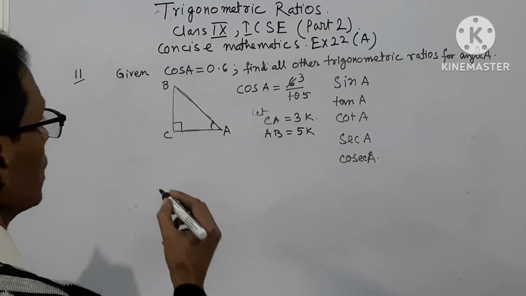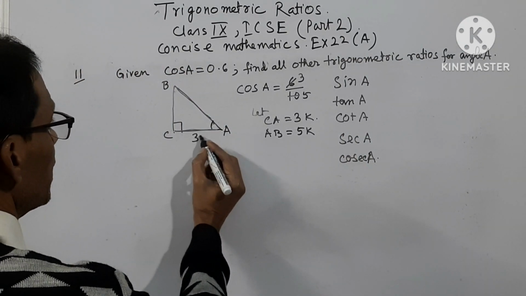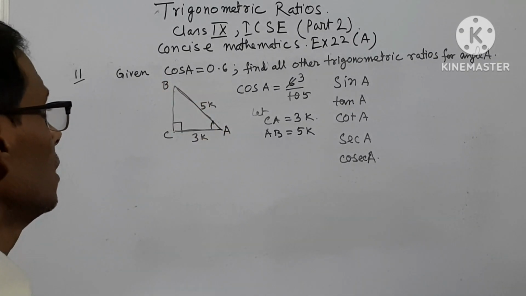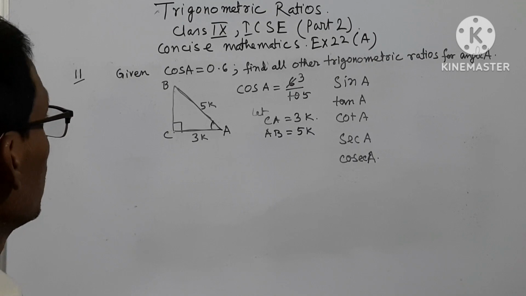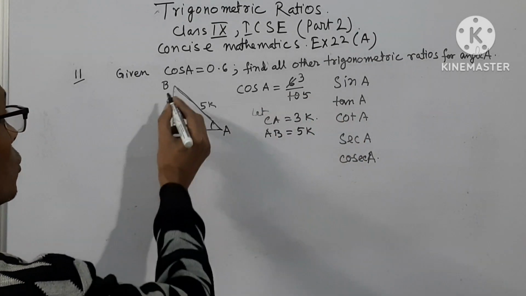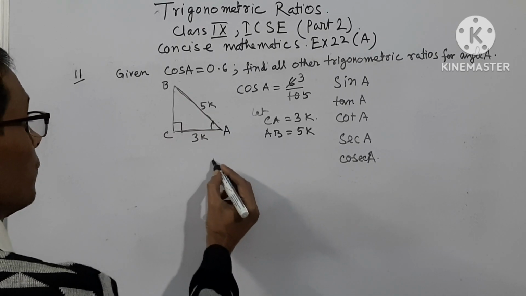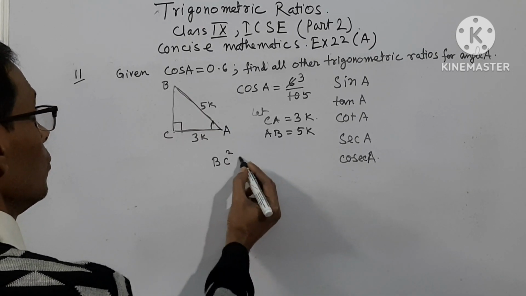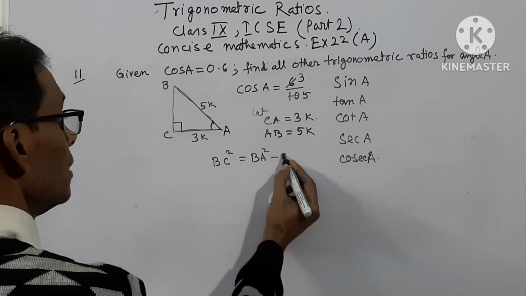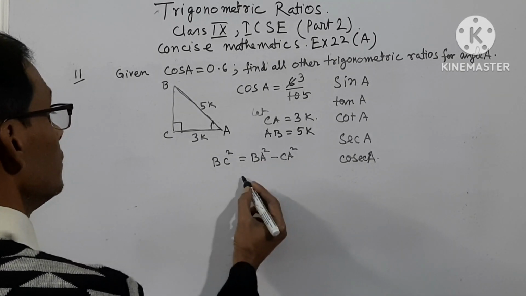Now, this is 3k, this is 5k, but without knowing the third side, many of the ratios we will not be able to find out. So let's find BC. BC square equal to BA square minus CA square.